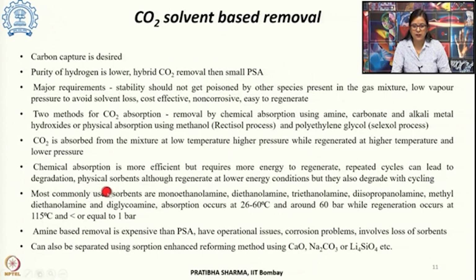Whereas in case of physical sorbent, although the regeneration occurs at a lower energy condition, still the degradation is possible in repeated cycling.